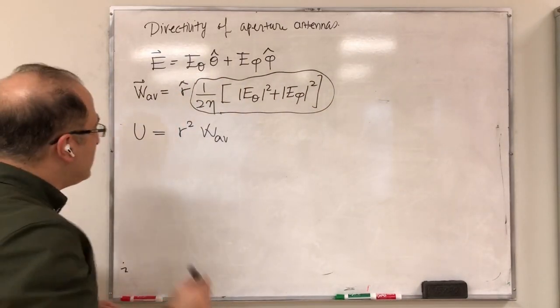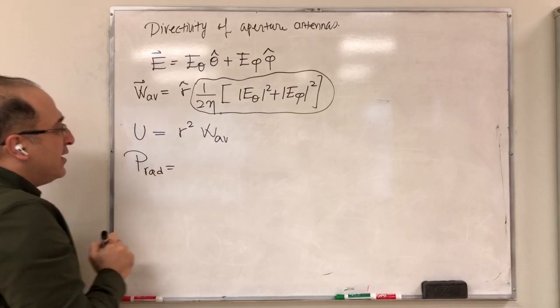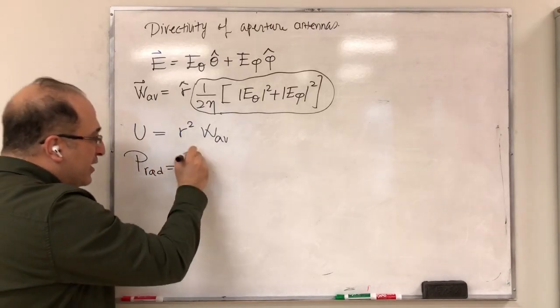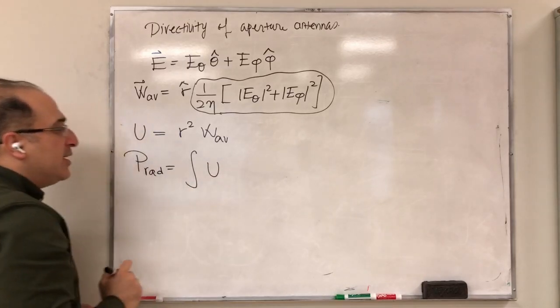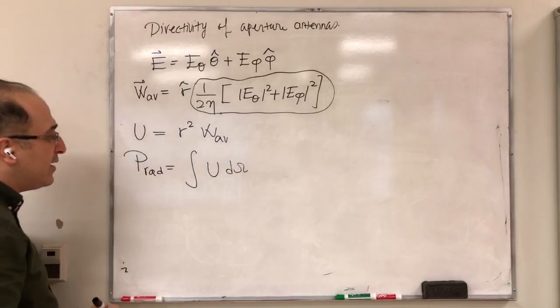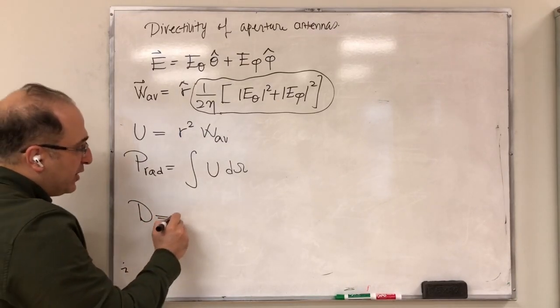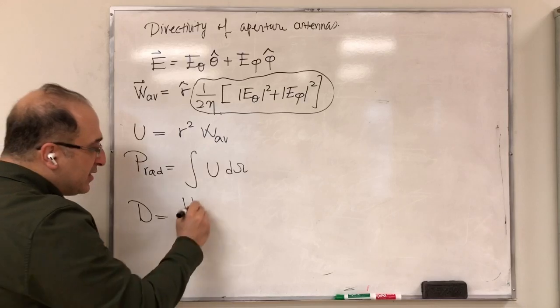That's your radiation intensity. Then you can find the total power radiated, and total power radiated is essentially the integration of U over element of solid angle.